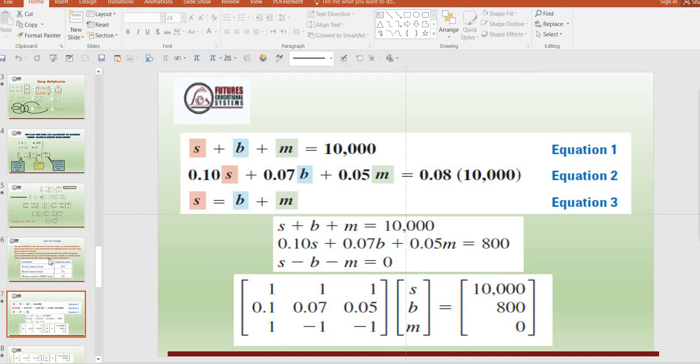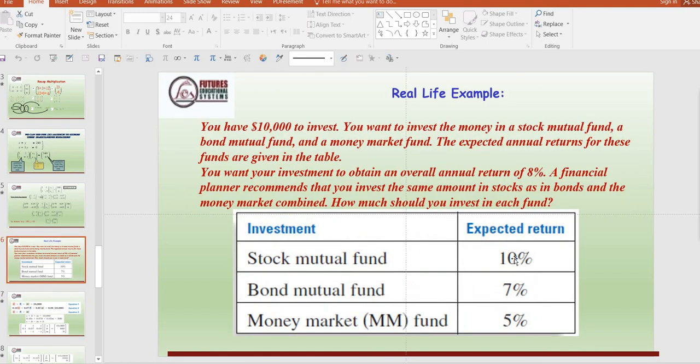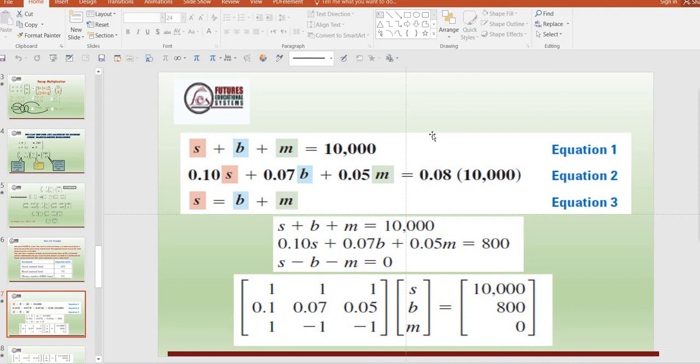The second equation represents the expected returns, 10%, 7% and 5%, and the sum equals 8%, meaning 0.08. That's the second equation. The third equation is represented by stock equals bond plus money. That's the third equation.